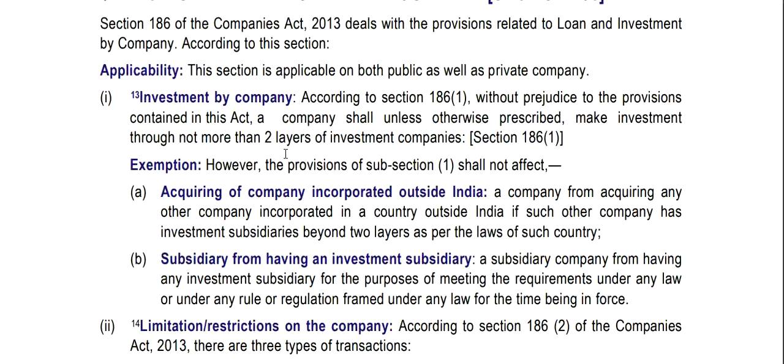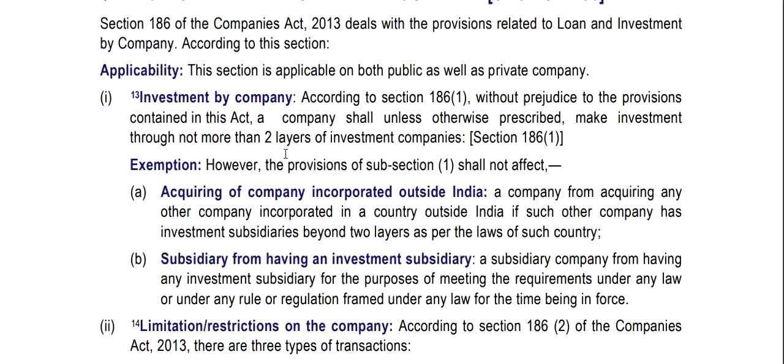So these investments cannot be more than two layers of investment companies. Exemption: however, the provisions of subsection 1 shall not affect acquiring of a company incorporated outside India. A company from acquiring any other company incorporated in a country outside India, if such other company has investment subsidiary beyond two layers as per the laws of such country, that is okay.